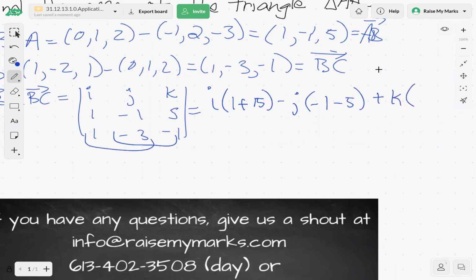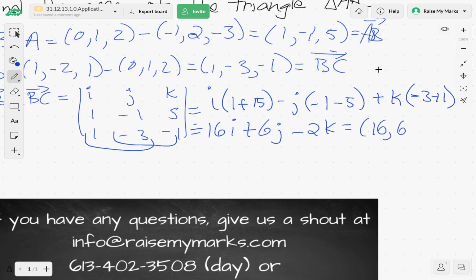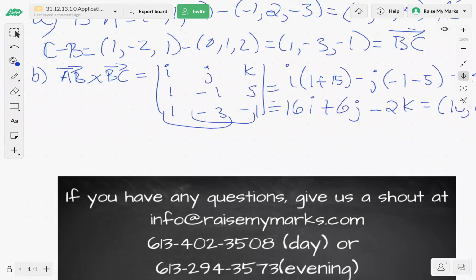Coefficient of k is our second box, so 1 times negative 3, negative 3, minus 1 times negative 1, so we get plus 1. All right, let's write this out. So we have 16i. It looks like we have 6j minus 2k. Let's write this in coordinate form. 16, 6, negative 2.